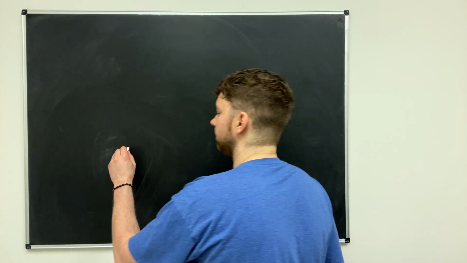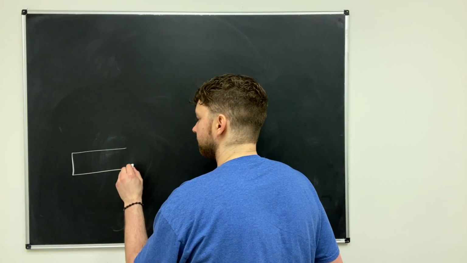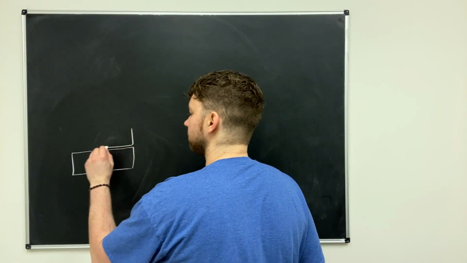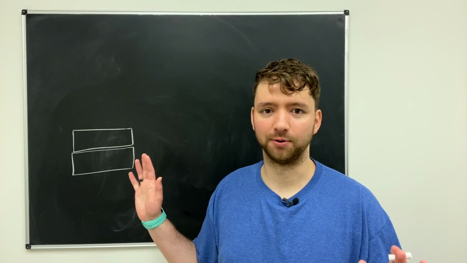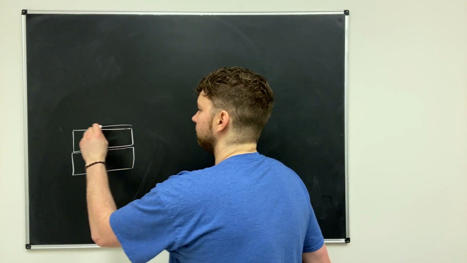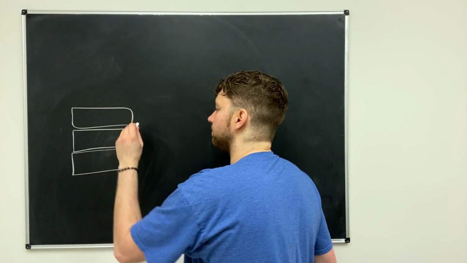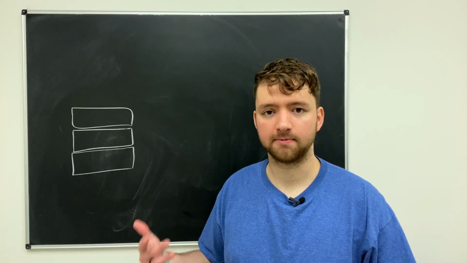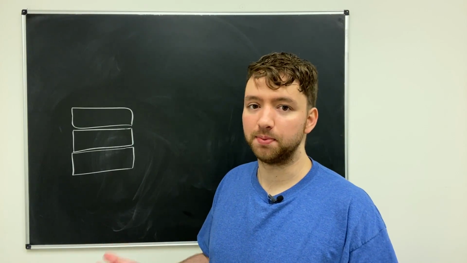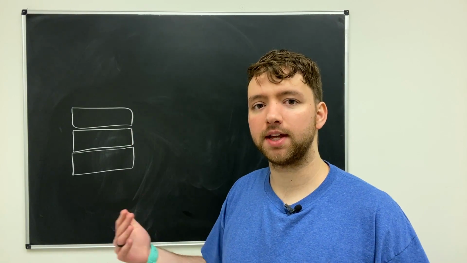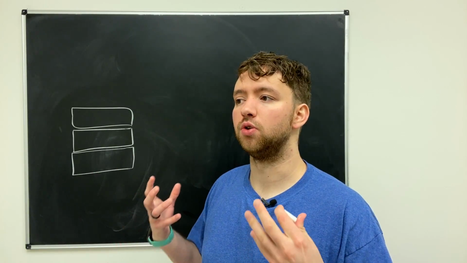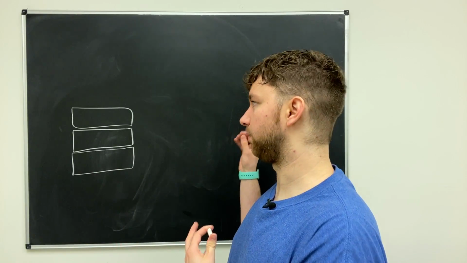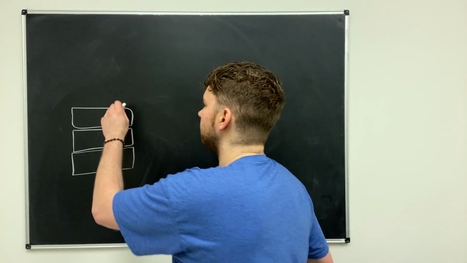So in the example of, let's say, books, if you have a stack of books, and I literally just mean a stack of books, nothing technical or fancy here. Well, if you wanted to add a book to this stack, the most logical place to put it is on the top. And that is how a stack data structure works as well. We're going to represent data in such a way that we put stuff on top, like so.